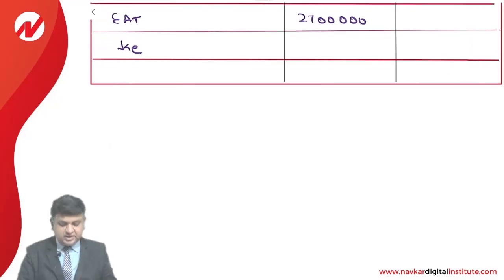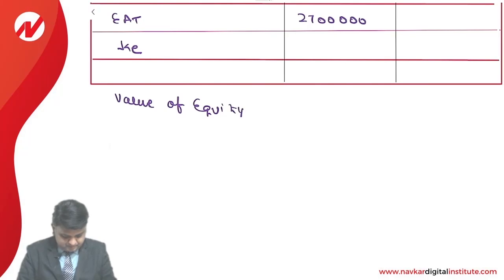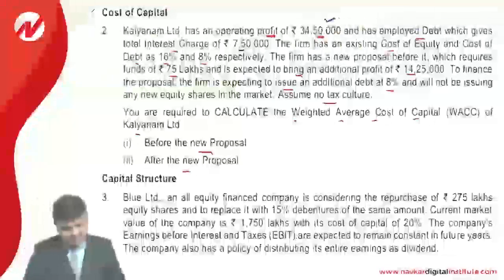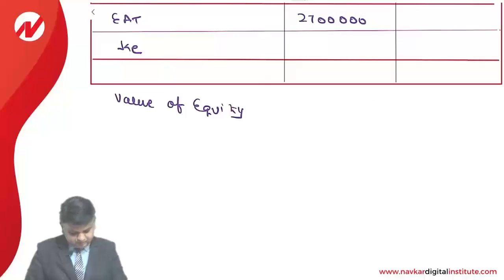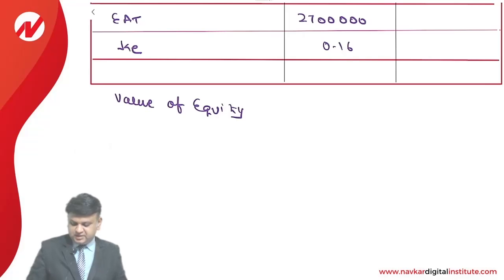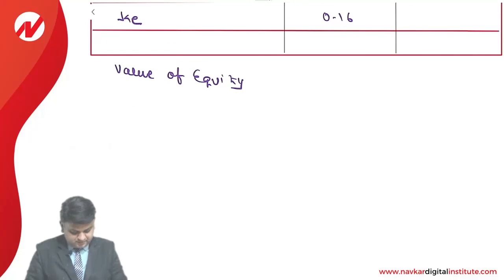Divided by cost of equity will give the value of the equity. The question is providing us information that cost of equity is 16%. So as far as value of equity is concerned, it is 27 lakhs upon 16%. That is 1 crore 68 lakhs 75,000.